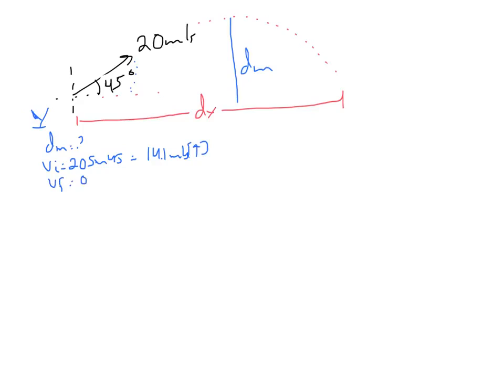Vf is 0 because at that point it has stopped moving. And acceleration is going to be negative 9.8. We are again going to assign right and up as positive.